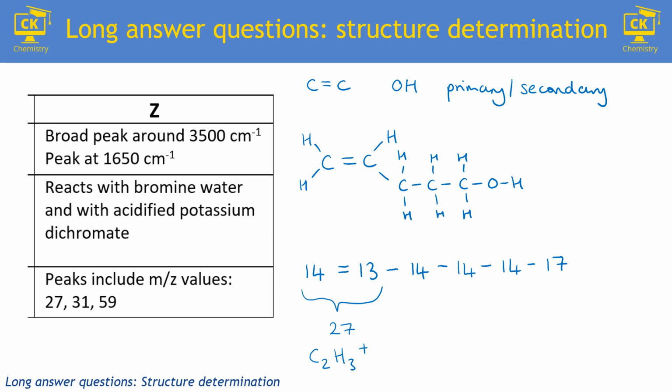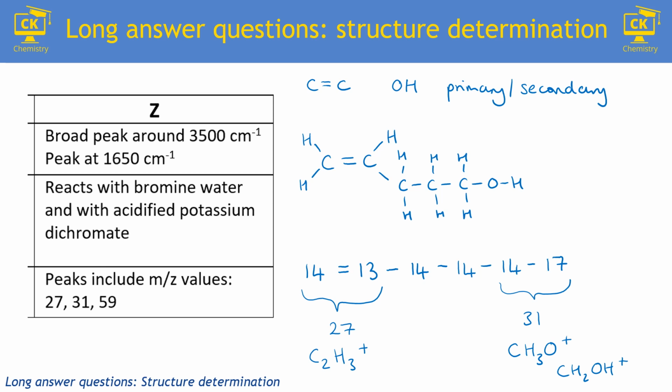And if we're good at maths, you may have spotted that 14 plus 17 equals 31. So that peak can be CH3O plus, or because we happen to know the structure, we could be a bit more obvious about it and call it CH2OH plus.